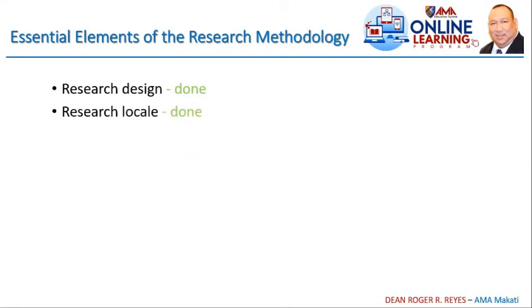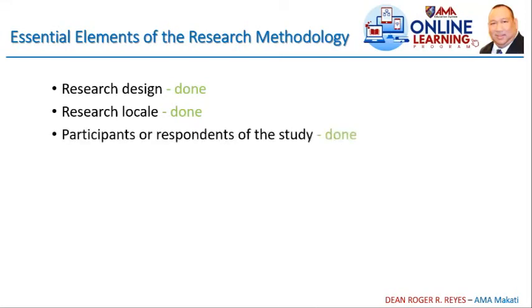Research locale just shows where the study is being conducted, and when. Of course, participants or the respondents of the study. We discussed it, population, sample size, and sampling technique.